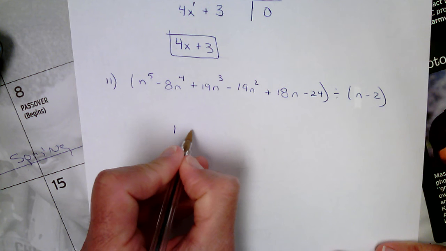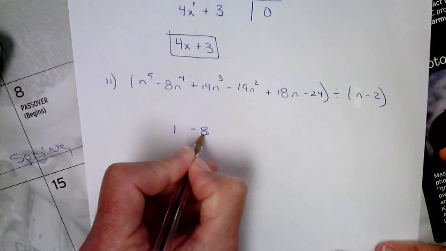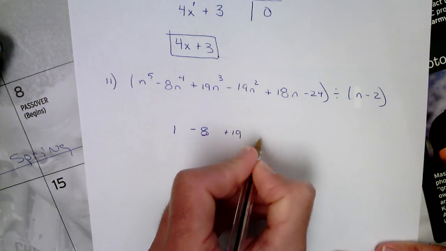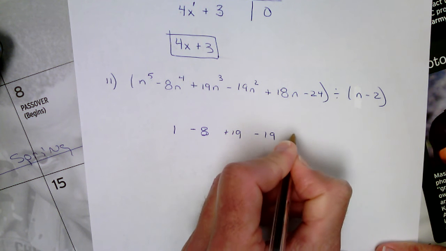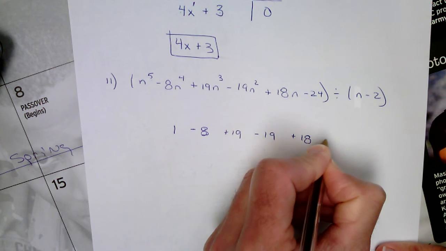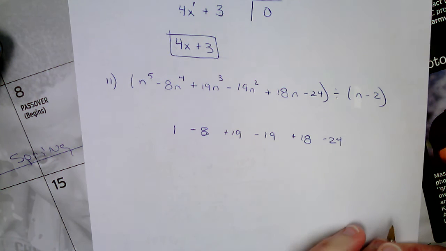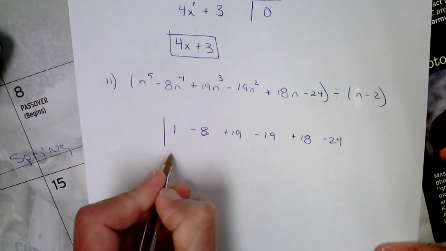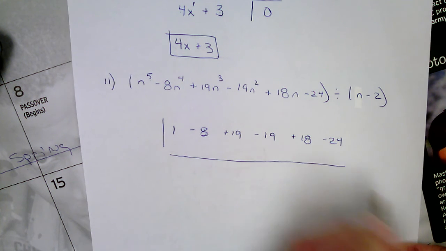So the first one is 1, then negative 8, then positive 19, then negative 19, plus 18, and minus 24. Okay, I'm going to put my line here, and I'll put my line here. Just helps keep me organized.